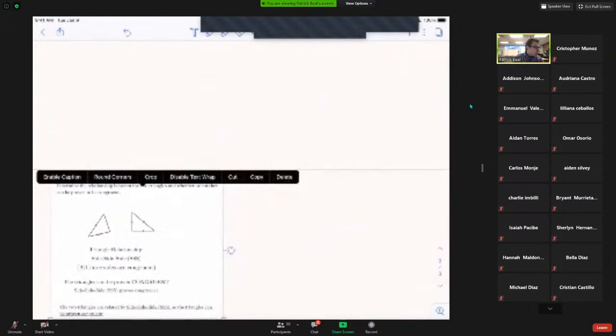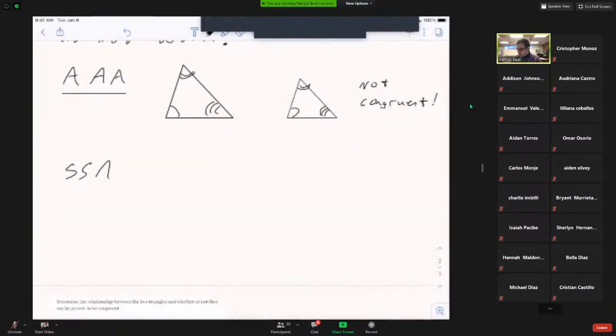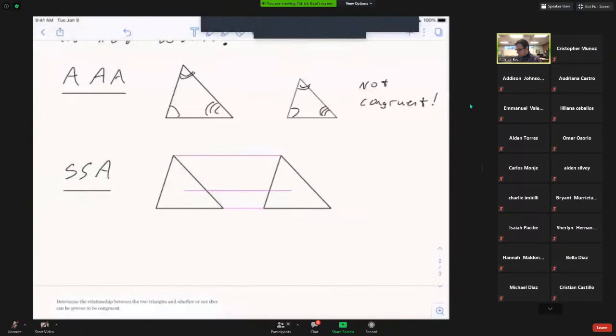Let's see here. I think there might just be one more that I have to do. Say SSS, HL. Yeah, just one more. The other one that does not work is SSA. SSA does not work. This one is really hard to draw, so I'm just going to do it like this: side, side, angle.